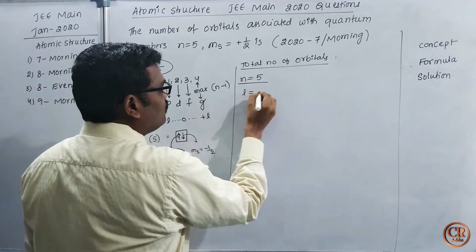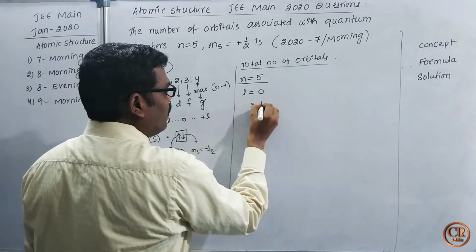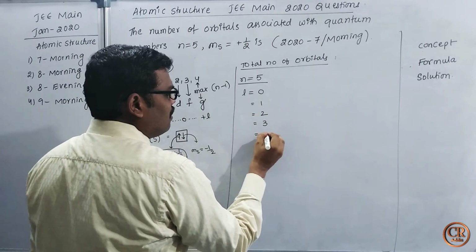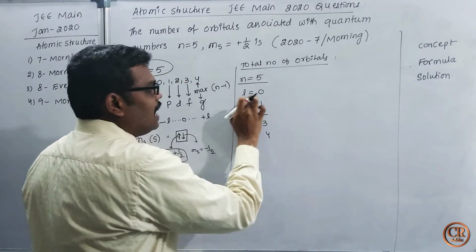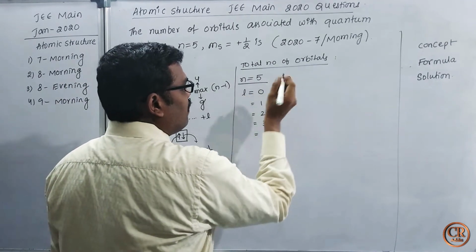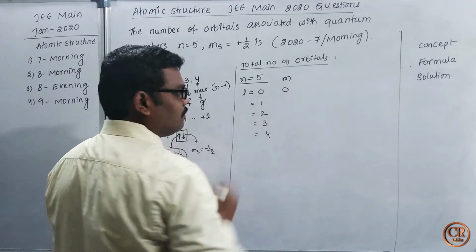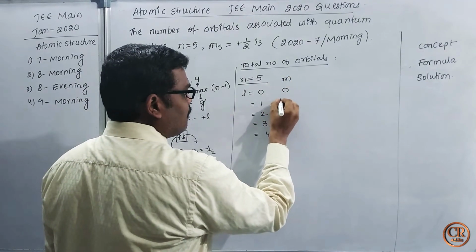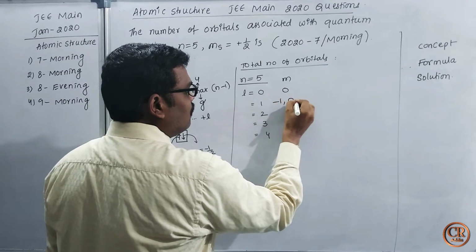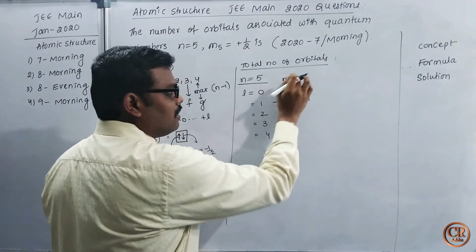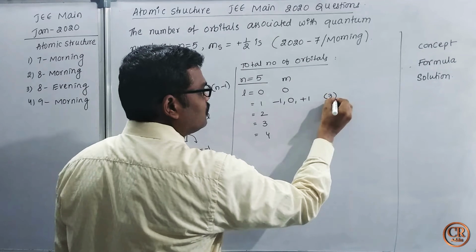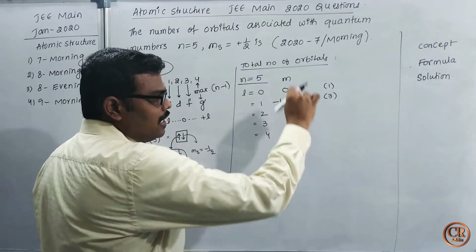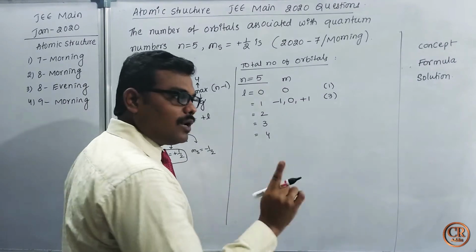Then L values are 0 or 1 or 2 or 3 or 4. Now if L value is 0, M value is 0. If L value is 1, M values are -1, 0 and +1. So here 3 M values are possible. Here only one M value is possible. Each M value represents one orbital.